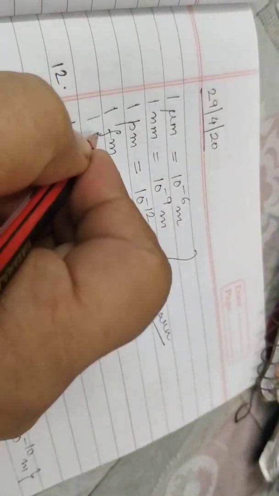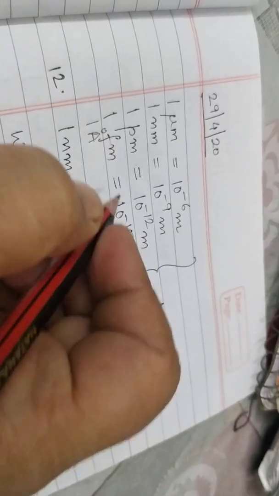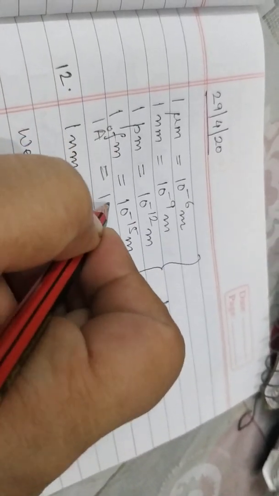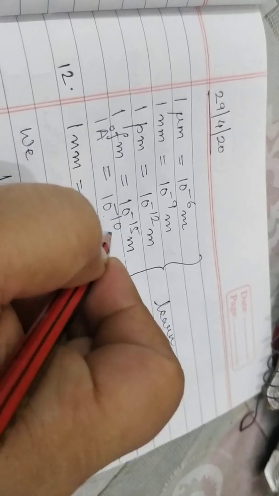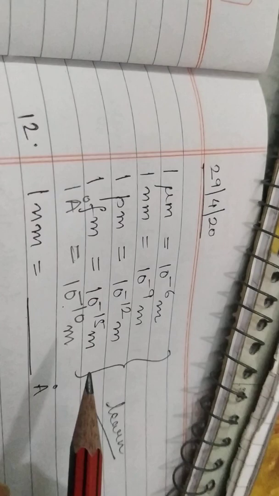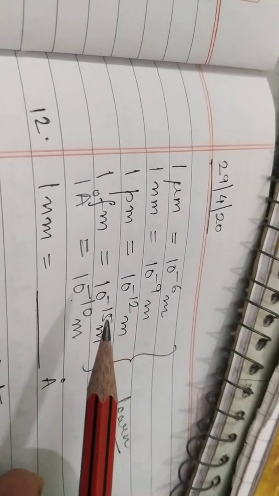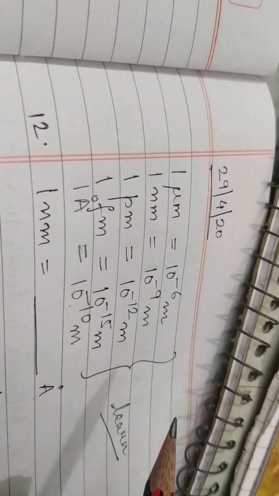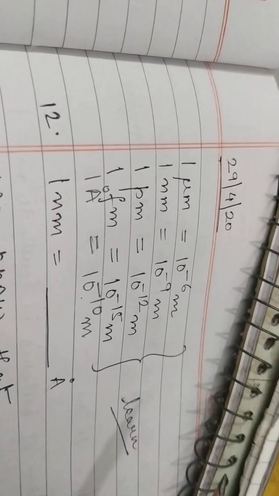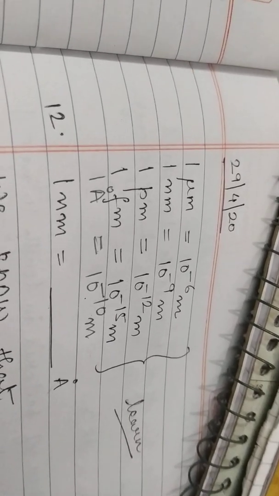This also you need to learn. 1 angstrom is equal to 10 to the power minus 10 meter. I have seen in your book they have also given 1 nanometer is equal to how many angstroms, or 1 nanometer is equal to how many centimeters, and a lot like that.